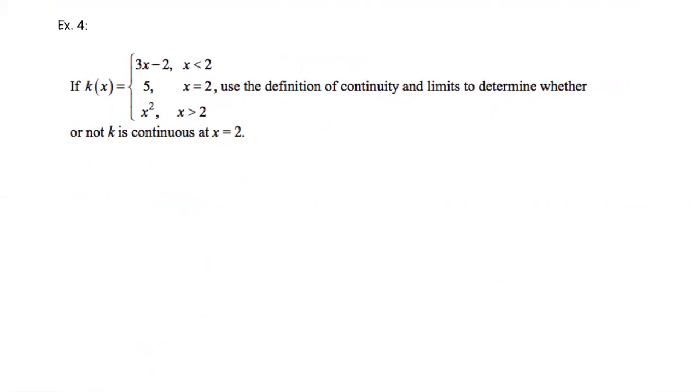So this says k of x looks like this, meaning that when x is less than 2, it is defined by 3x minus 2. The next piece of the function is at x equals 2, the y value is 5.